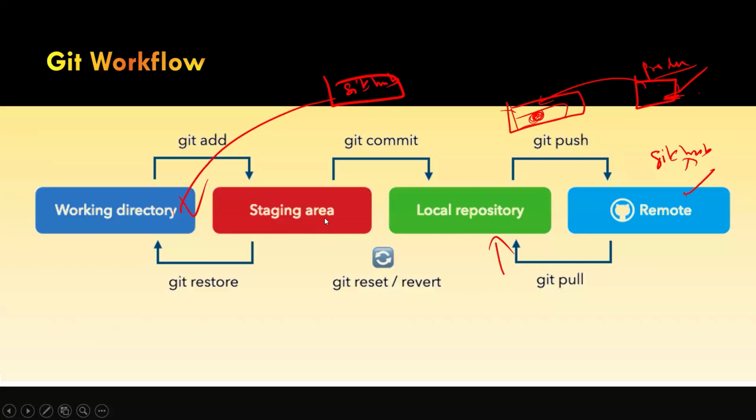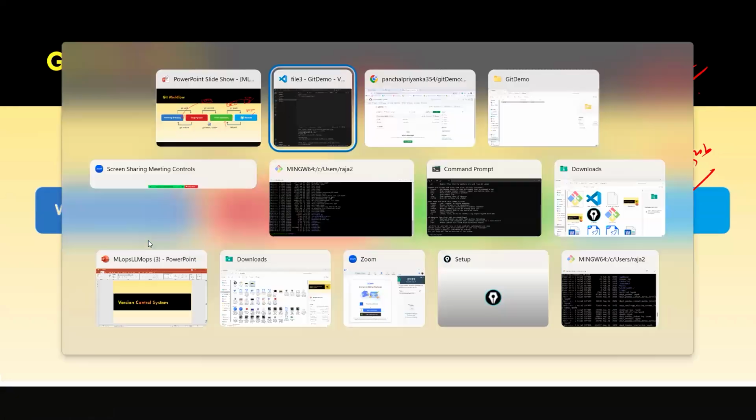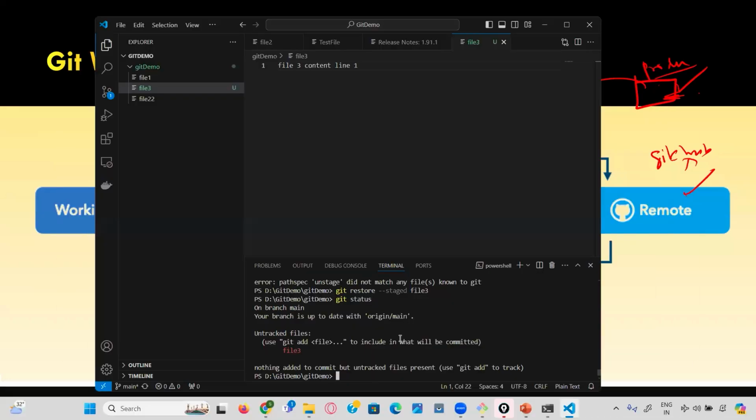I want to move back from the staging area to the working directory. Is it possible? In that case, you can use git restore --staged file 3. It's a little bit challenging to remember all these commands, but you can at least remember the restore command.